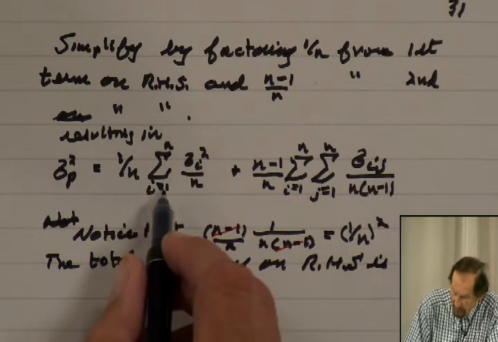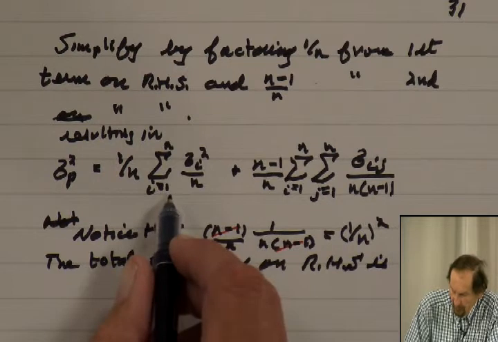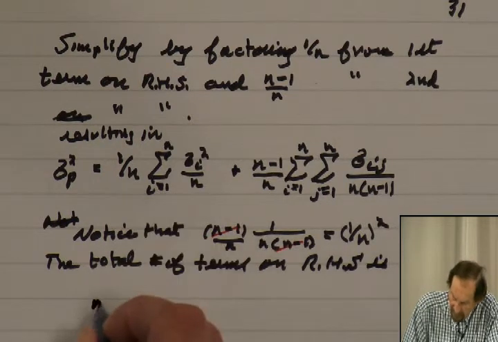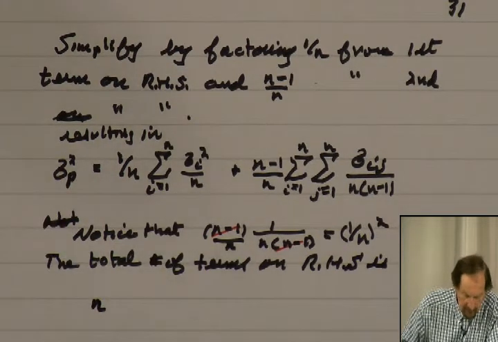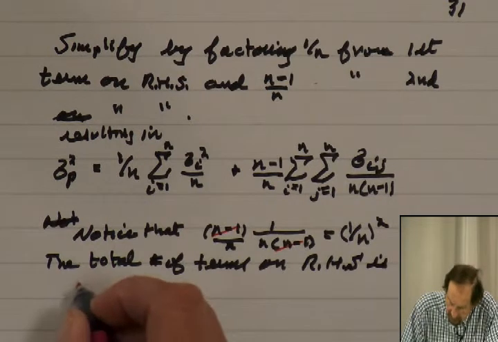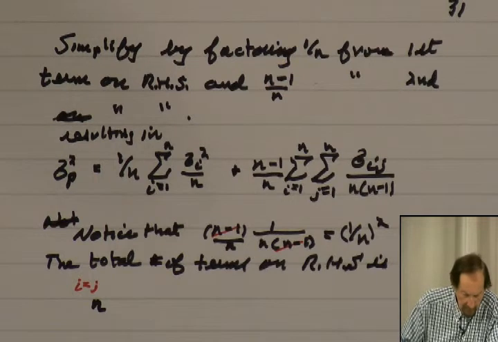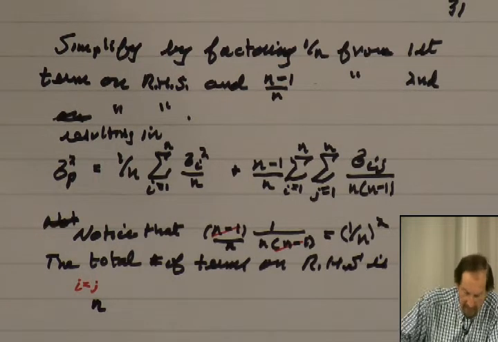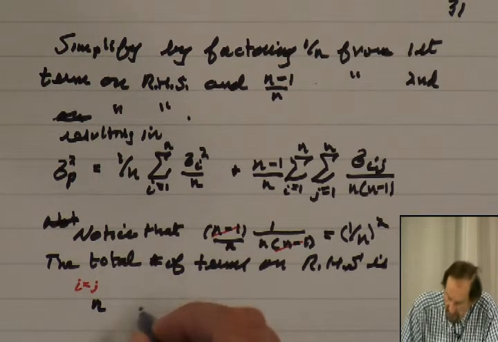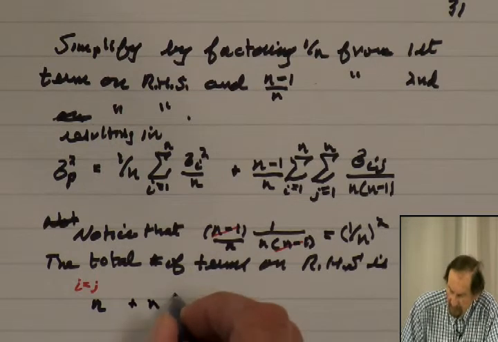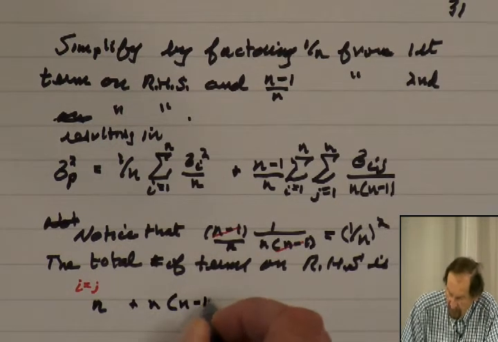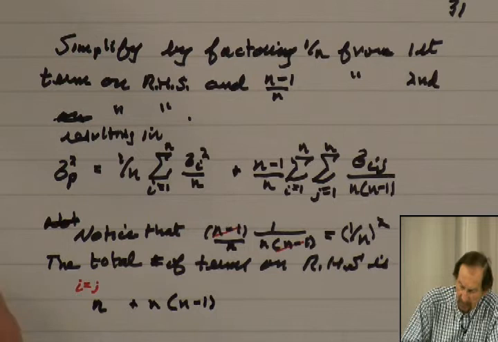First, we have n terms for when i equals j. Then we have plus n times n minus 1 terms for i not equal to j.